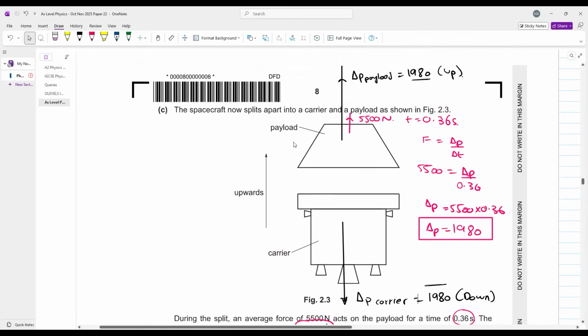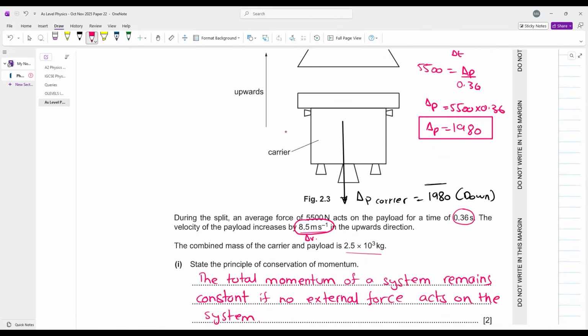बिकॉज रियलाइज हो क्या रहा है, द इनिशियल मोमेंटम ऑफ द सिस्टम वाज जीरो. Beta, the initial momentum of the payload and the carrier was zero.